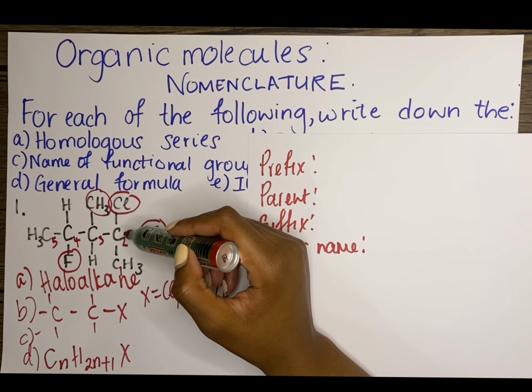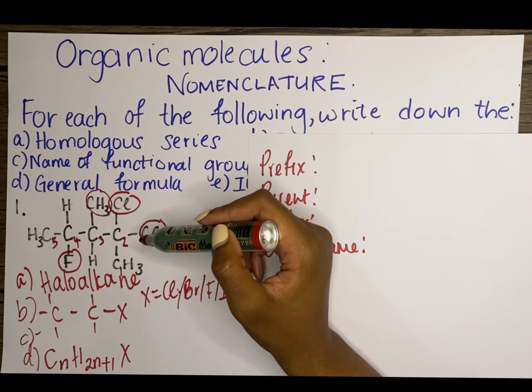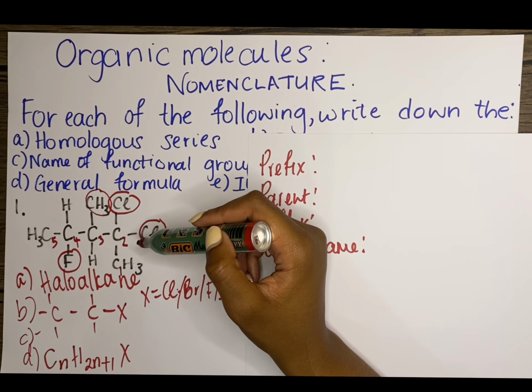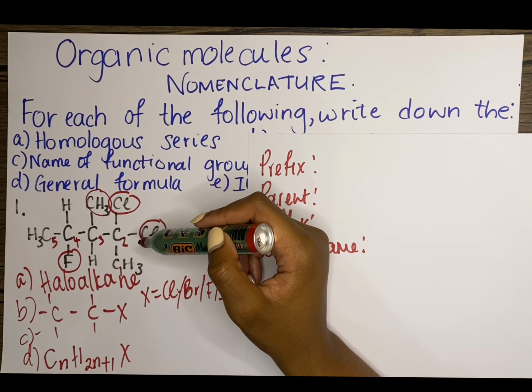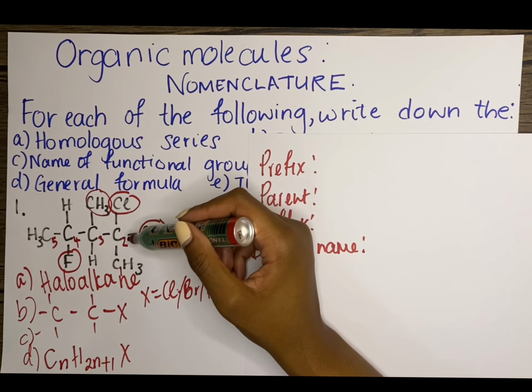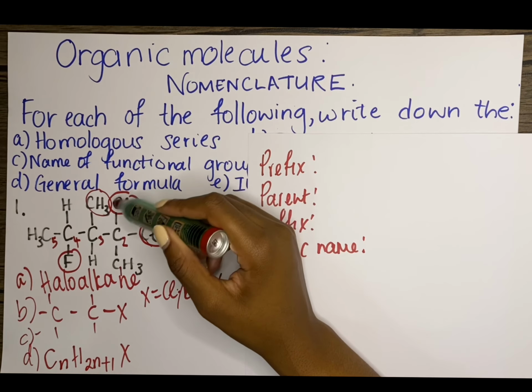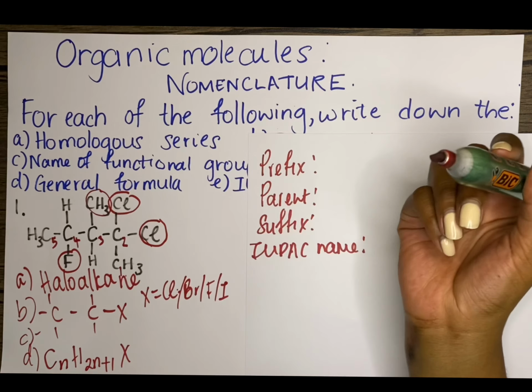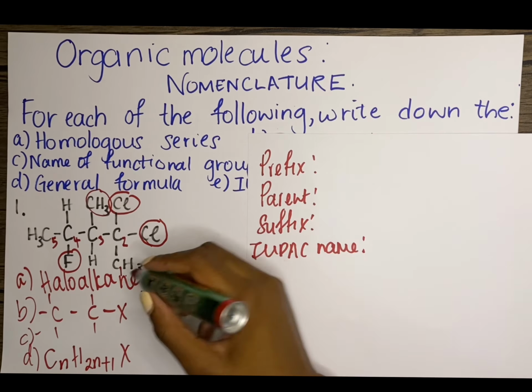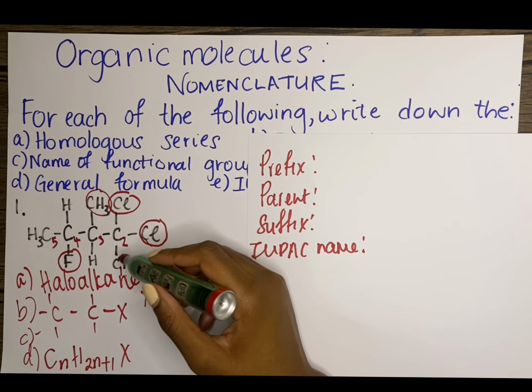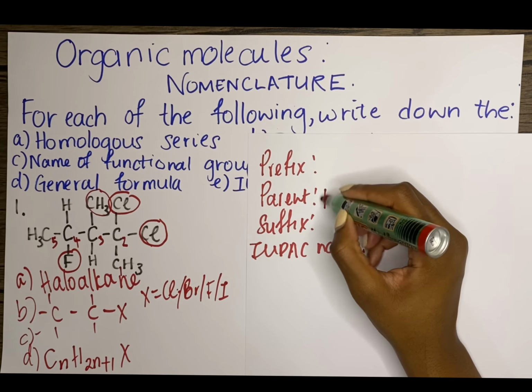So you realize that if you number from the side, there is less substituents that get the low position of 2. So you have 1 substituent on position 2, as opposed to this side having 2 substituents on position 2. So you choose to number from the side, right? So if you look at my longest chain, it's going to be 5. So that's pent.